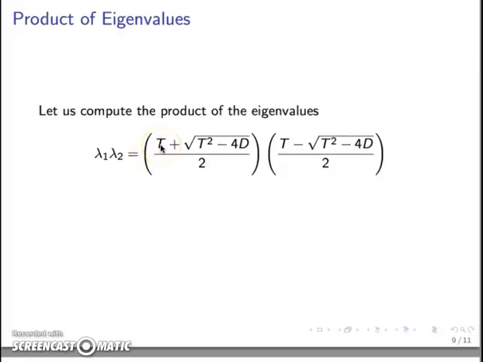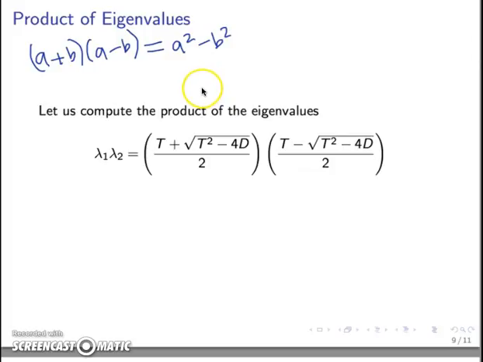You may remember that if you have the product of 2 things, say a plus b multiplying a minus b, you multiply this out and you will end up with something that looks like a squared minus b squared.